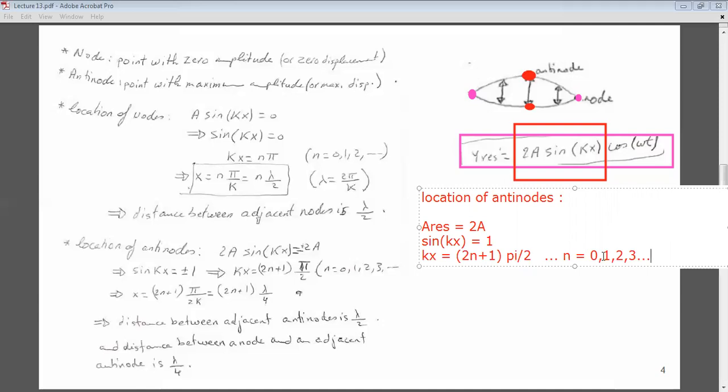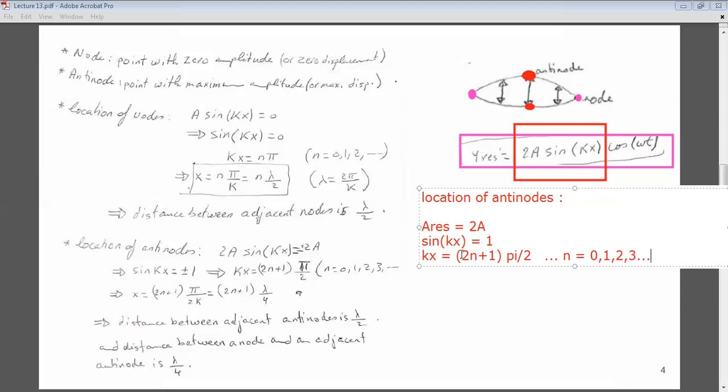Let's try. If n is 0, this will be pi over 2, and sine pi over 2 is 1. So this is correct. If n is 1, this is 3 pi over 2, and again the sine of that is 1.